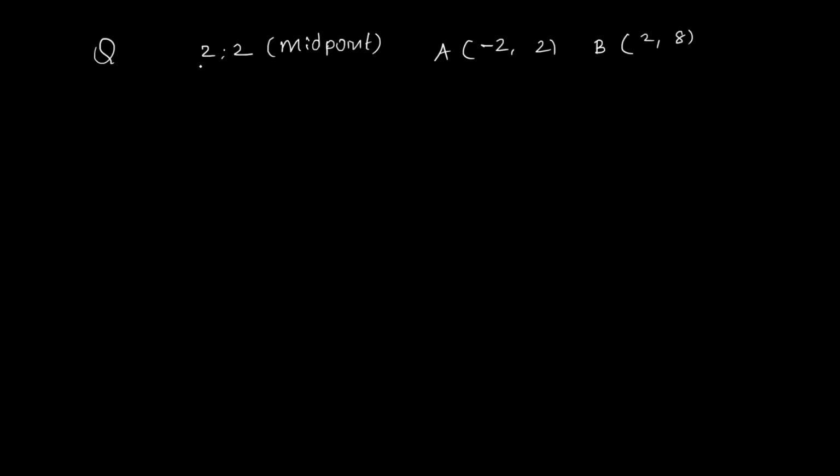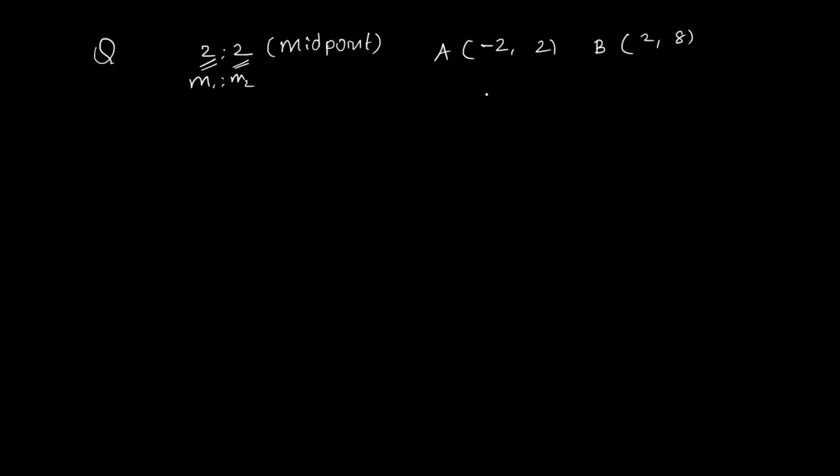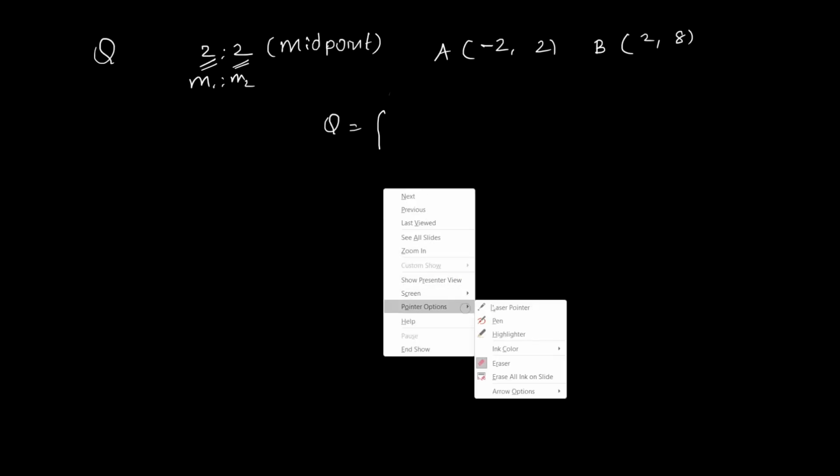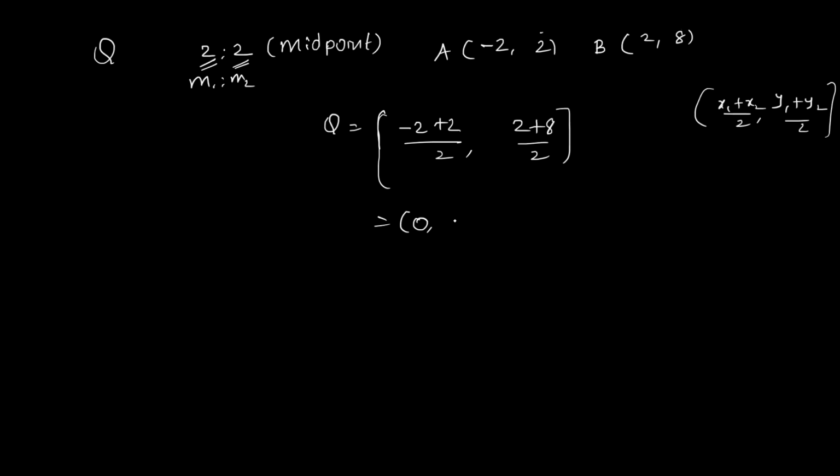We can use the ratio as m1 is to m2, or we can also use the concept that Q is nothing but the midpoint of AB, so we can use the midpoint formula: (x1 plus x2) by 2, comma, (y1 plus y2) by 2. That is (-2 plus 2) by 2, comma, (2 plus 8) by 2. So it will become 0, comma 10 by 2, which is 5.